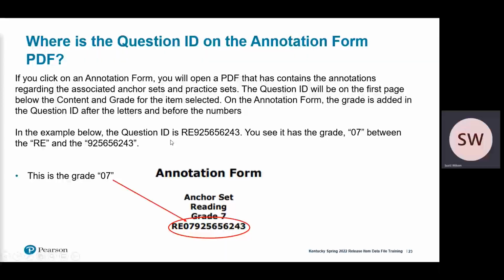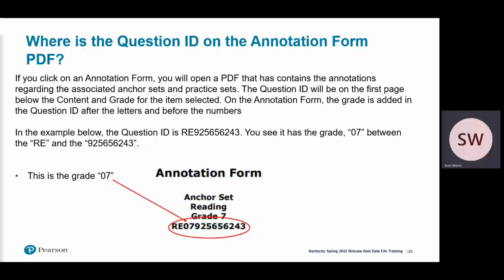Next, if you click on an annotation form, you will open a PDF that contains the annotations regarding the associated anchor sets and practice sets. The question ID will be on the first page, below the content and grade for the item selected. One thing to note on the annotation form, the grade is added to the question ID after the letters and before the numbers.